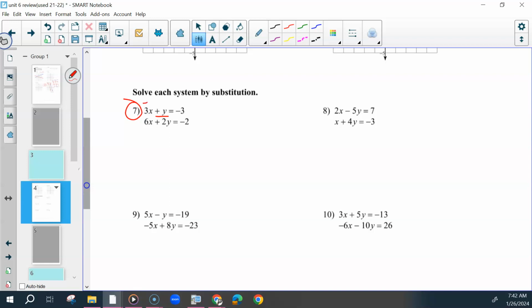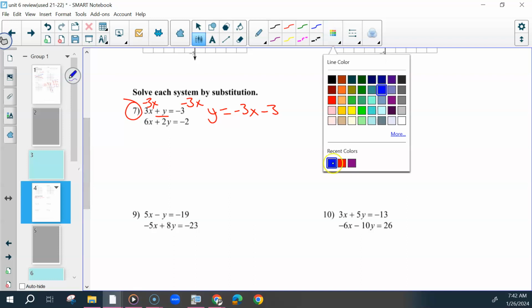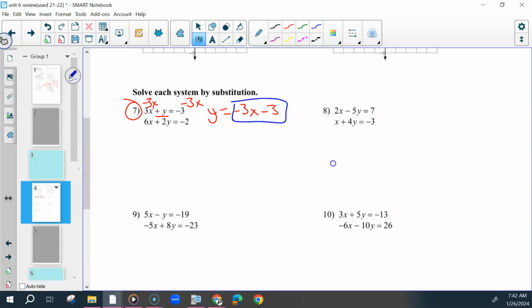So get rid of 3x. It doesn't matter whether you put negative 3 minus 3x or negative 3x minus 3 here. For graphing, they need to be in y equals mx plus b, but for here it doesn't matter. And then take that expression and put it back into the other one where y is.